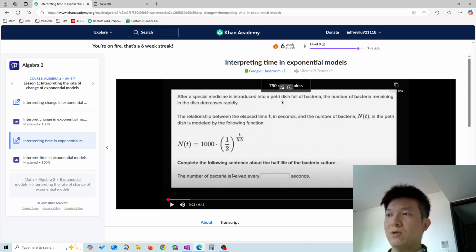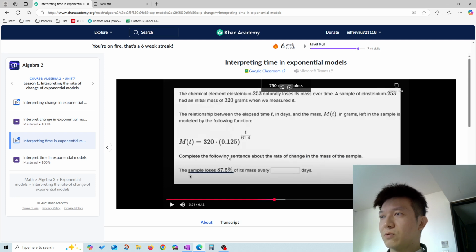You want this whole thing to be 1/2. So you need to put 5.5 in order for your exponent to be 1, so you get the 1/2 here. So this is 5.5.